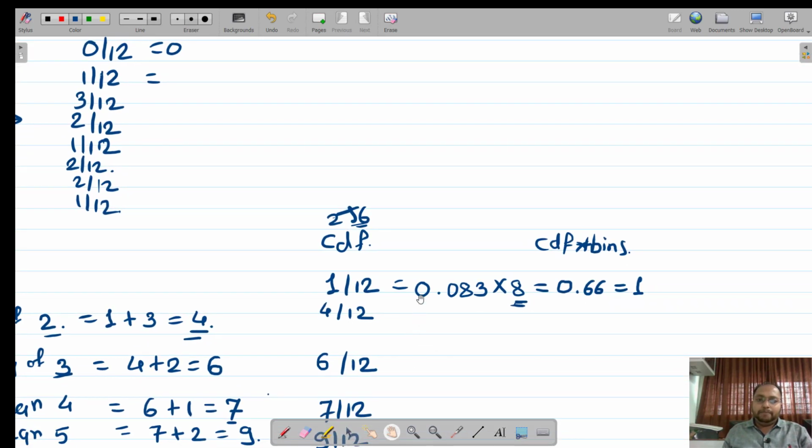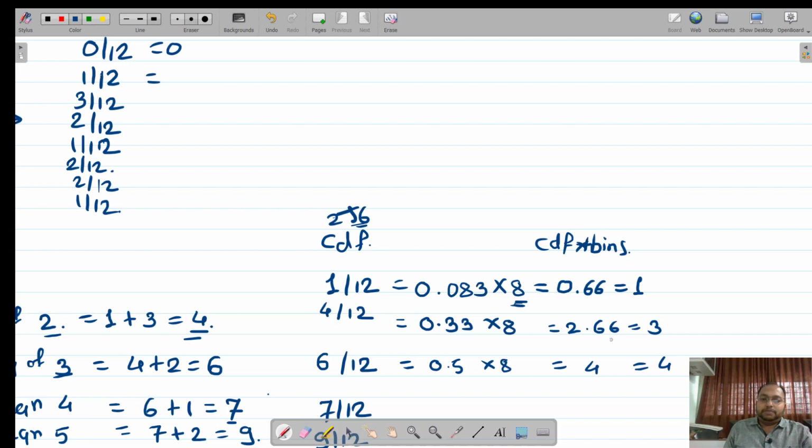Now let us find out 4 divided by 12. 4 by 12 is coming as 0.33, and that multiplied by 8 is 2.66. What will be the rounding of it? It is 3. Then 6 by 12 is 0.5, 0.5 into 8 is 4, so rounding off is also 4.